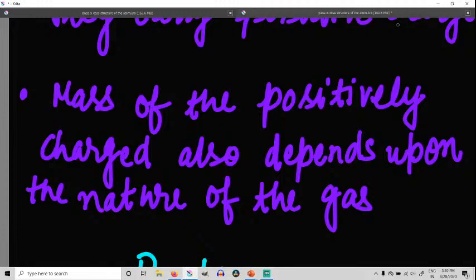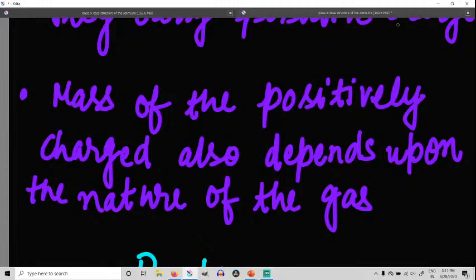If we knock out 1 electron, 1+ charge is seen. If we knock out 2 electrons, 2+ charge is seen. Like helium: a helium atom has 2 electrons, and if you remove both, He2+ is seen. So it depends upon how many electrons we have knocked out by applying high voltage electric current.